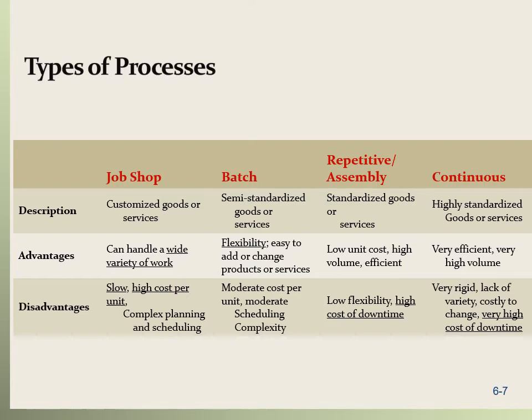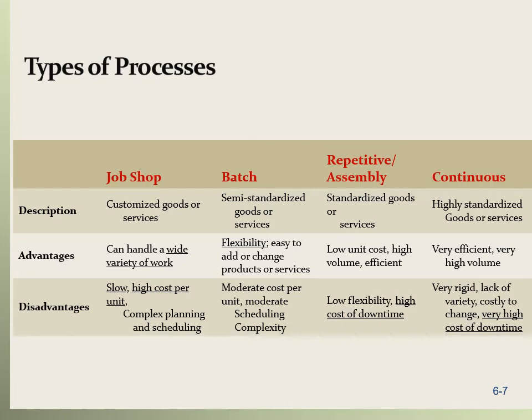And it's capable of producing high volume and the efficiency is high. On the other hand, it has low flexibility and high cost of downtime because it's an assembly line.